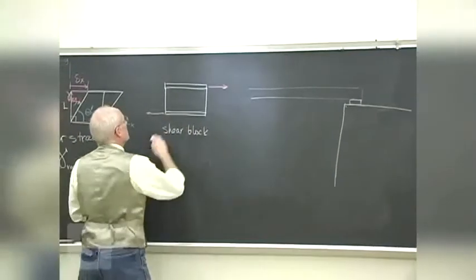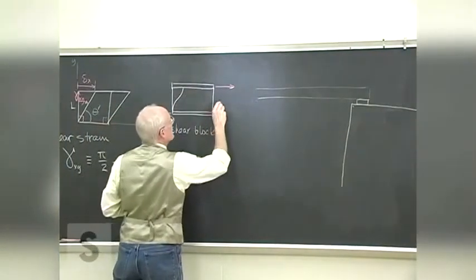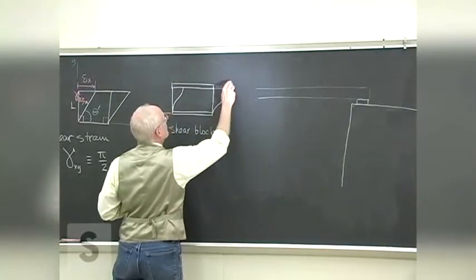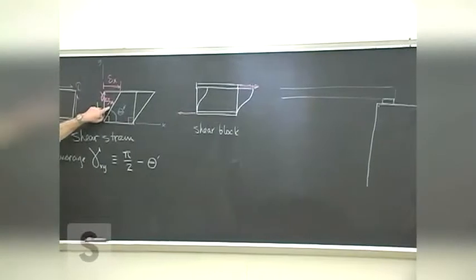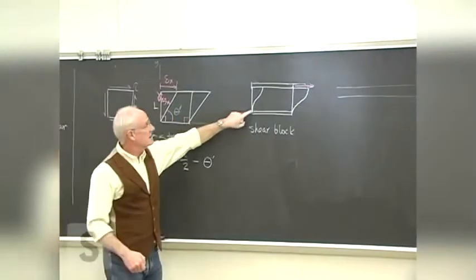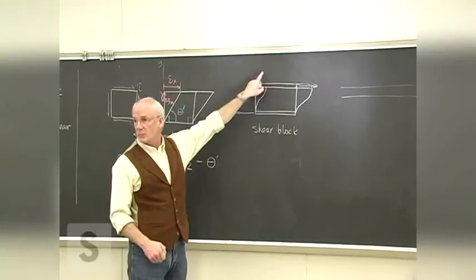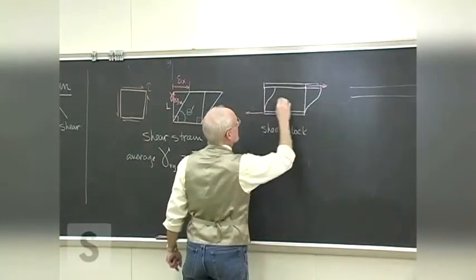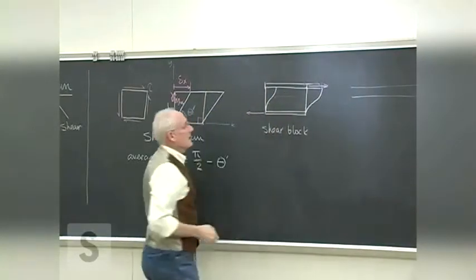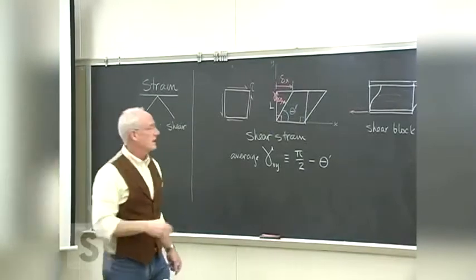The thing is, it will probably deflect more like that rather than like this, which means that the shear strain is a little bit different at different places along here. If we actually had a grid drawn on here, that grid, if it was made up of squares, would have different shapes at different places.